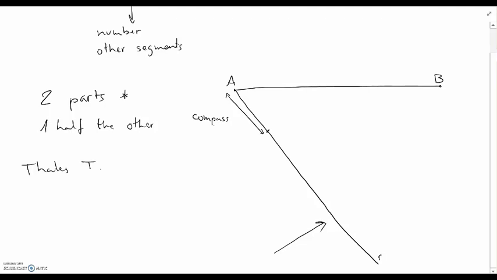I draw one segment, and the next segment needs to be double this one. So with the compass, starting at this point, I draw one more equal segment, and then starting at this point, one more equal segment.